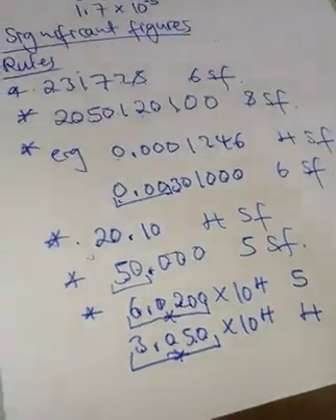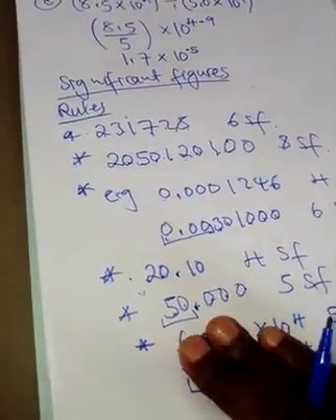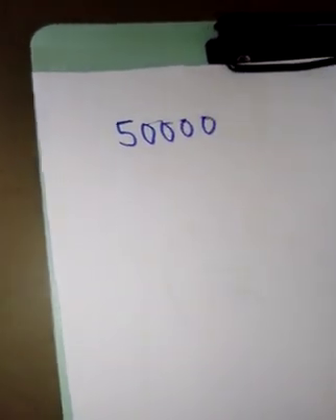Okay, so that's it. Then let me just talk about the last thing under significant figures. We can have numbers like, let's say, 5 with 1, 2, 3, 4 zeros.